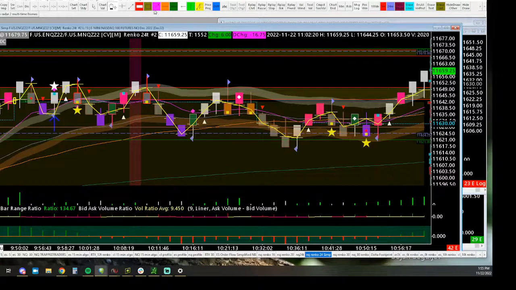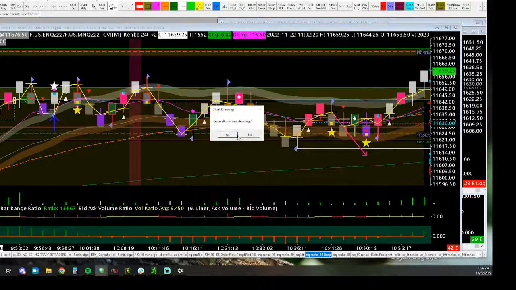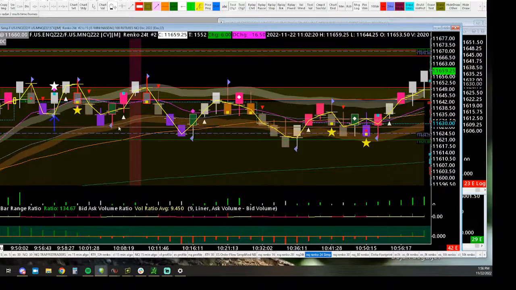Then, what I was waiting for was for this one to get taken out. I wanted it to come down and bounce. But you'll see what happened here is we ran into the voodoo range. So these dashed purple lines are important levels, especially for the mean reversion algos that control the market when institutions are not trading.